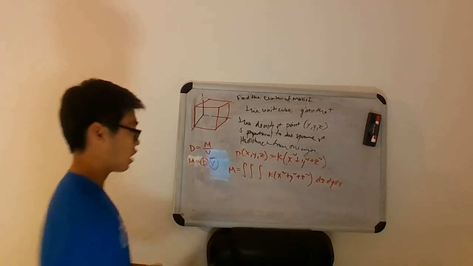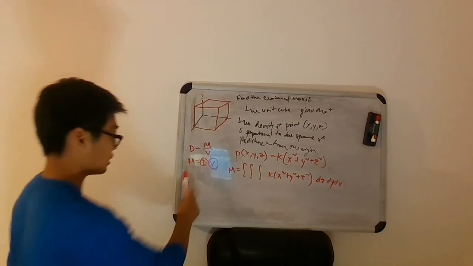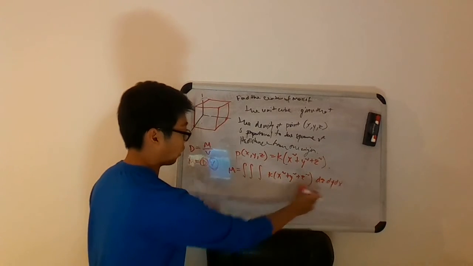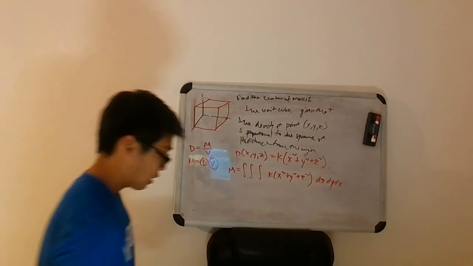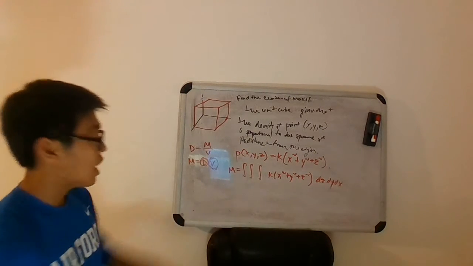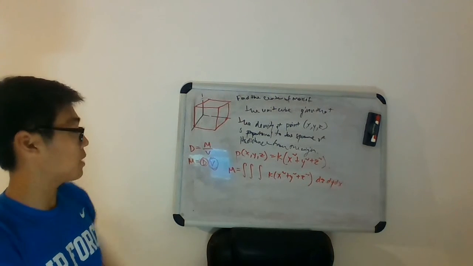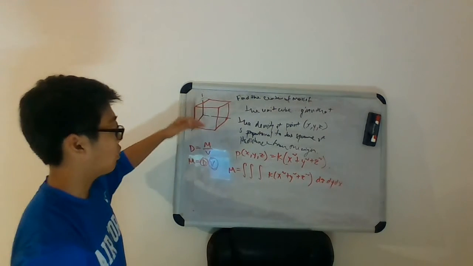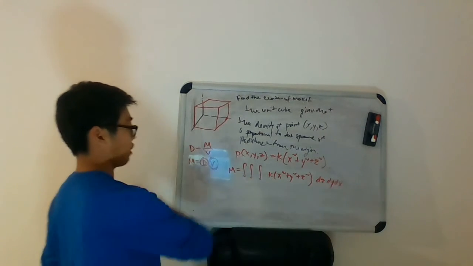And so this is our expression for mass, because we know that mass equals density times volume, which is determined by the triple integral. And so in order to determine the limits of integration, or the lower and upper bounds of each x, y, and z axis, we can take a look at our graph.